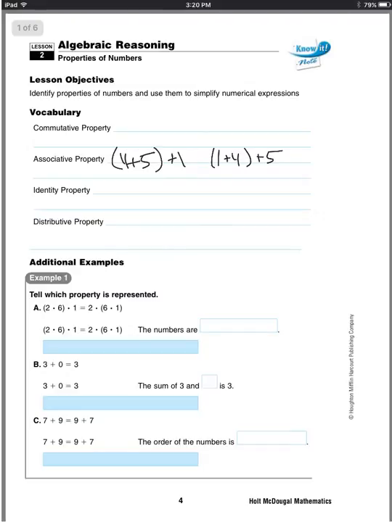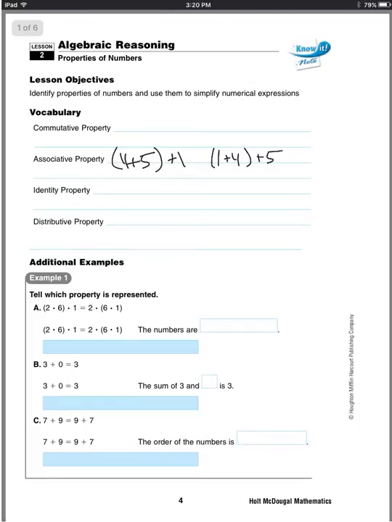There's not a real clear-cut definition. It's just a way to break numbers apart to make them easier to add and multiply. So, we're going to look at our examples now and see what properties are being used and how we know that.